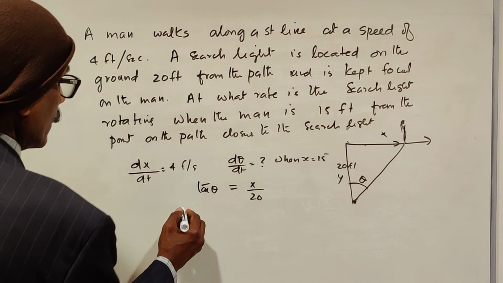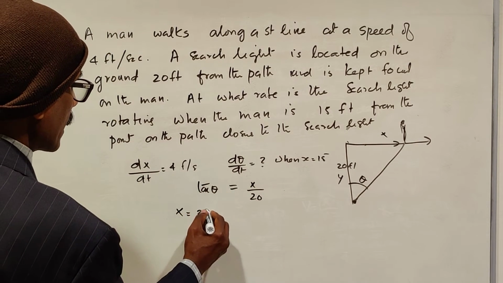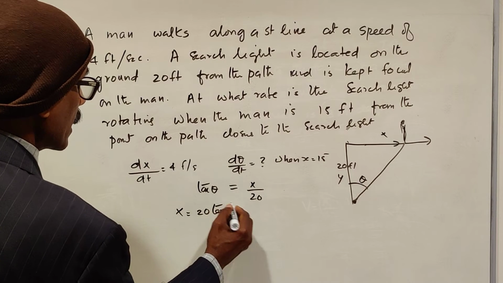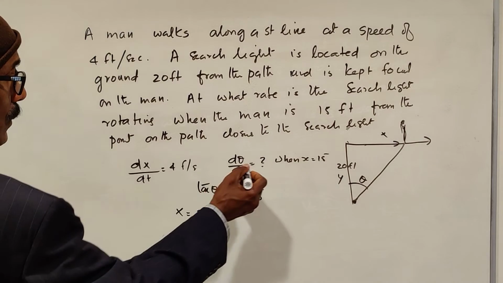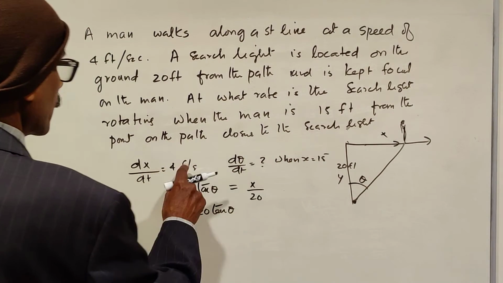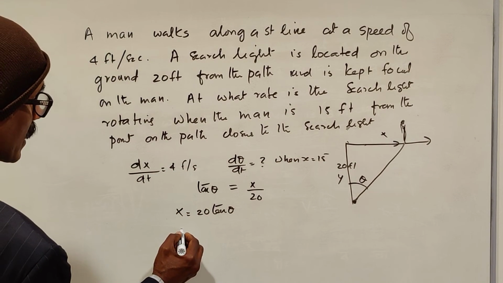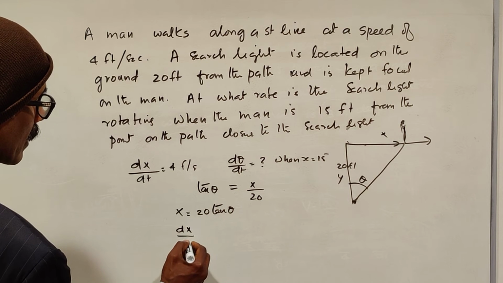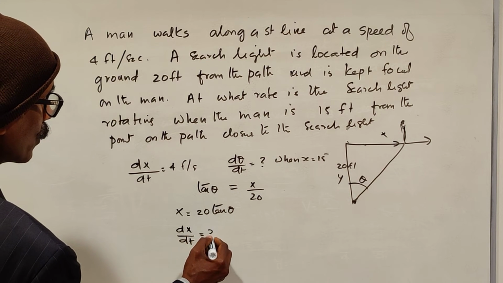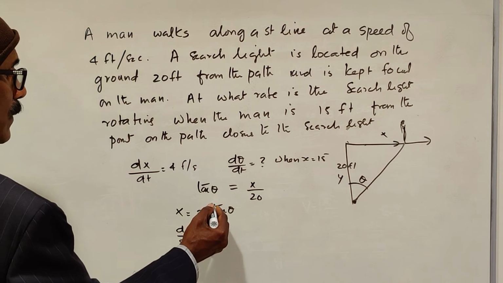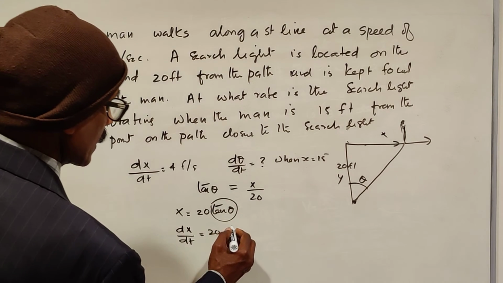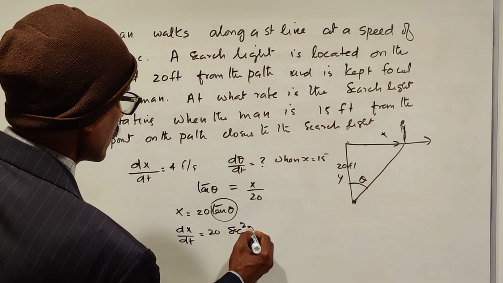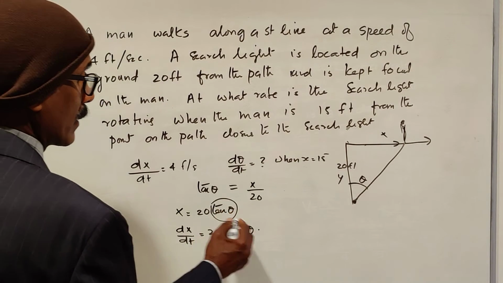Okay, x is equal to 20 tan theta, right? Now dx by dt, which is given, is equal to 20, a constant, times the derivative of tan theta. Derivative of tan theta is sec square theta into, chain rule, d theta by dt.